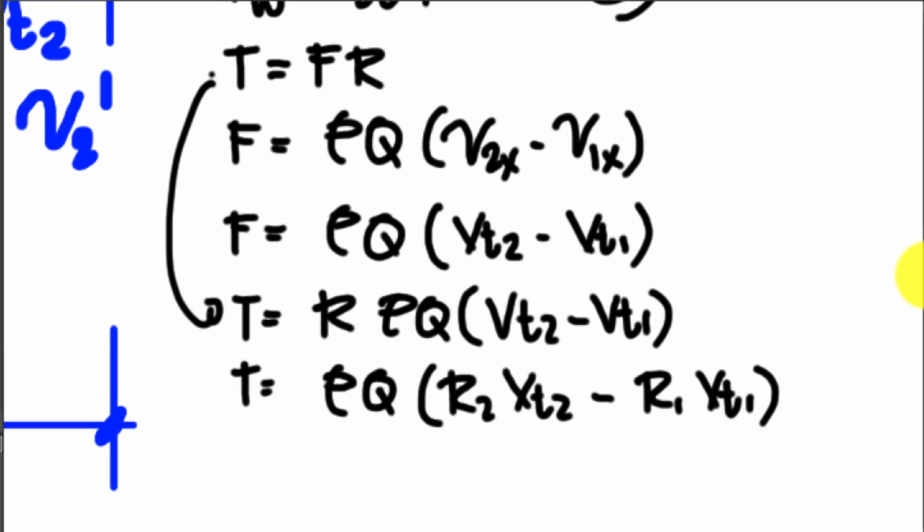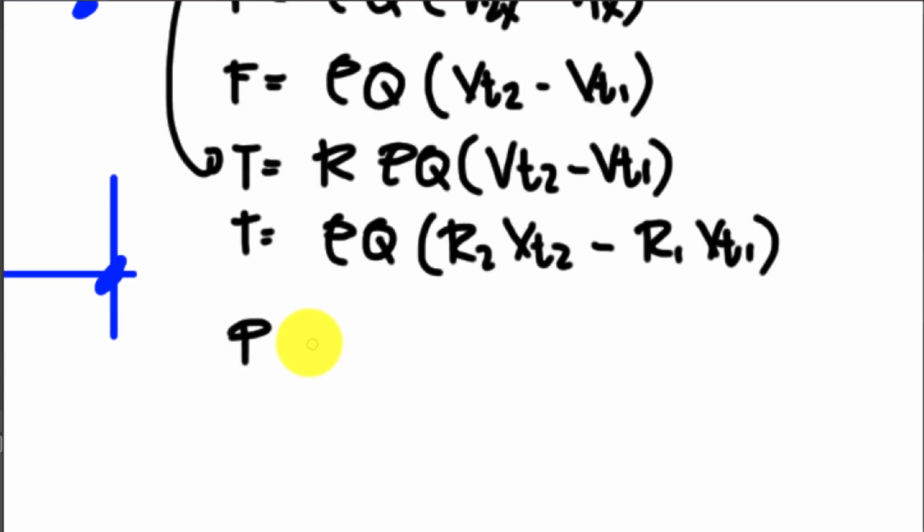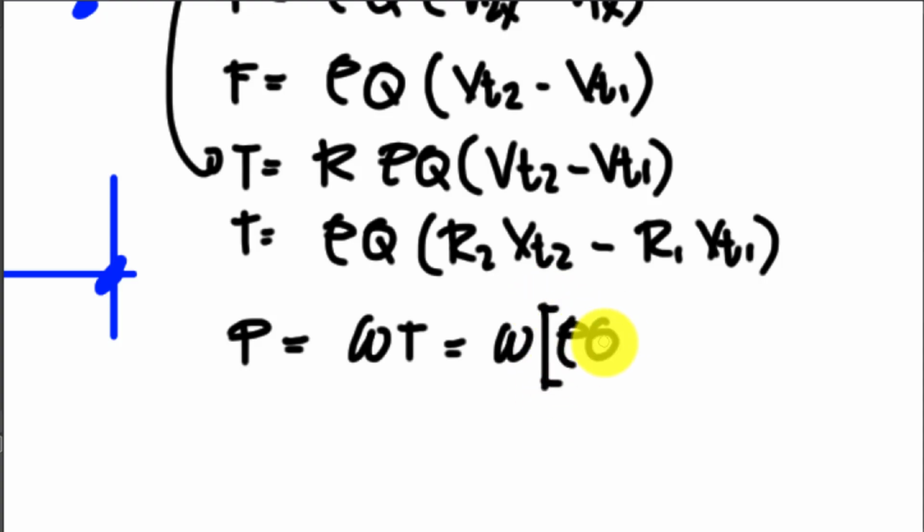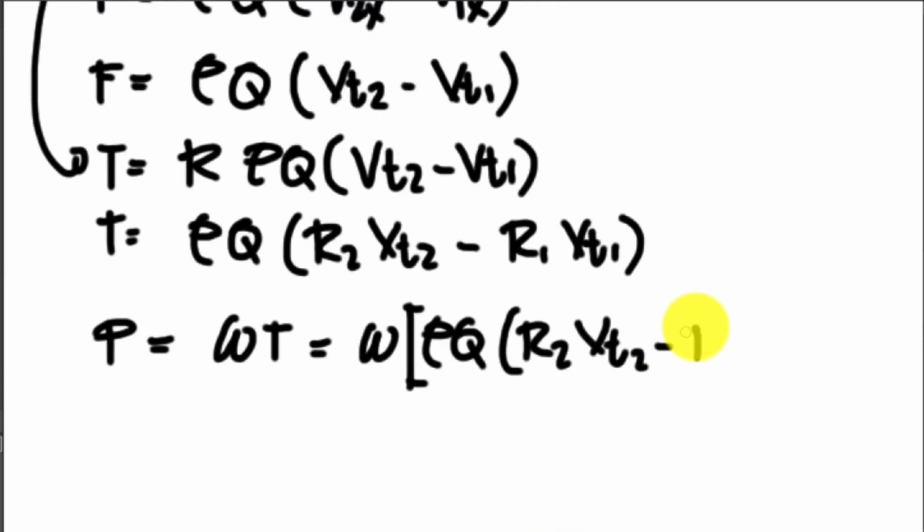Now, we have the torque and we substitute this to my power. Rewriting the power, we have the power, which will be the angular velocity times the torque. Or let's say angular velocity times the value of the torque. That will be density, volume rate, radius 2 tangential velocity 2, and radius 1 tangential velocity 1. Okay, close parenthesis.